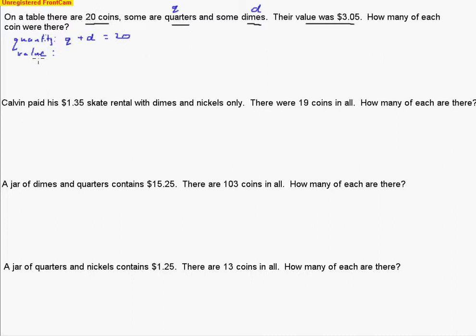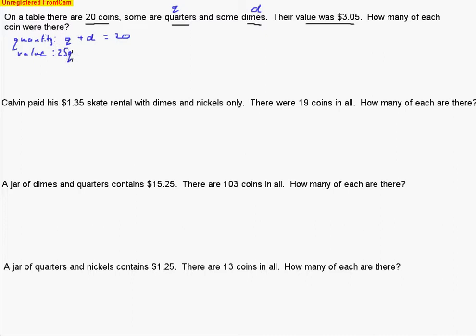Now the value goes with the value of the quarter and the value of the dime, times the number of quarters and the number of dimes, gives us the value altogether, which was $3.05. If you like to deal with decimals, then use dollars and cents, but I'm going to use cents because it's easier and I don't have to deal with the decimal. A quarter's worth 25 cents.